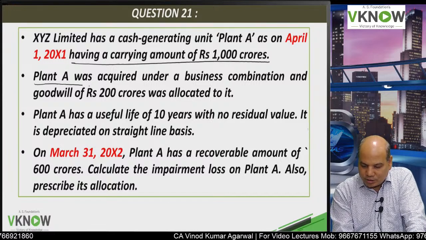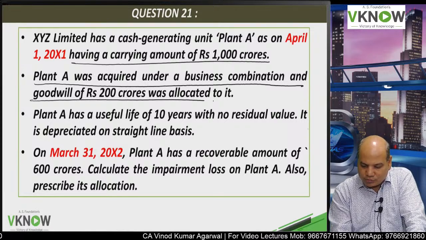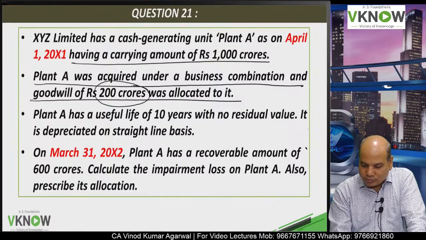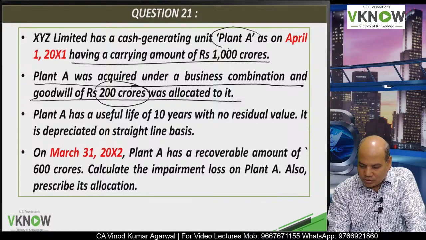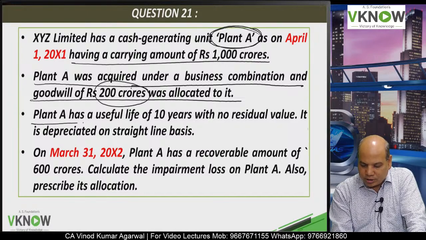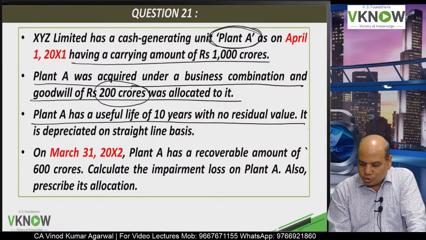Then the plant was acquired under a business combination and a goodwill of 200 crore was allocated to it. So here goodwill is allocable to plant A. Plant A has a useful life of 10 years with no residual value.